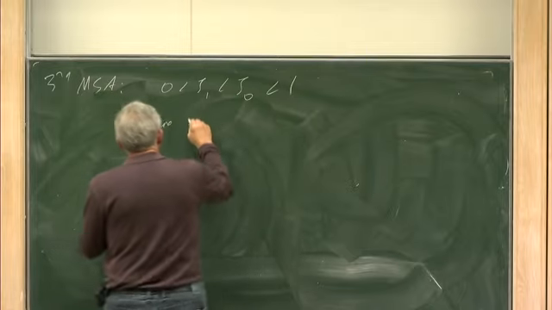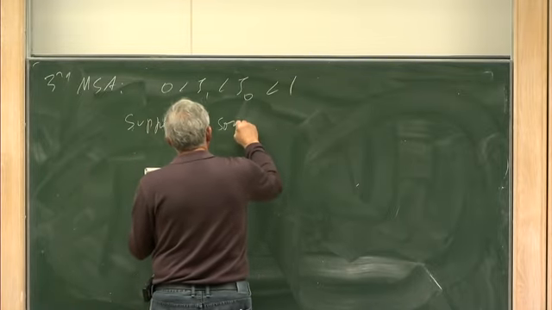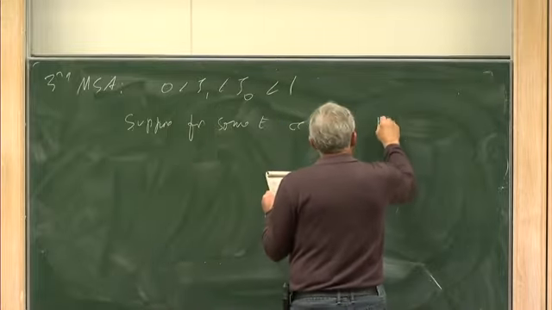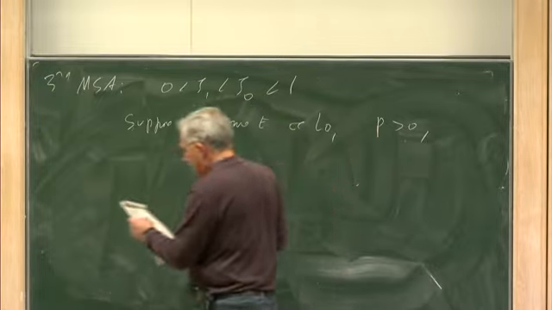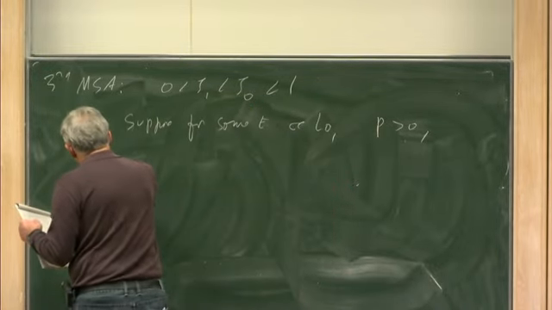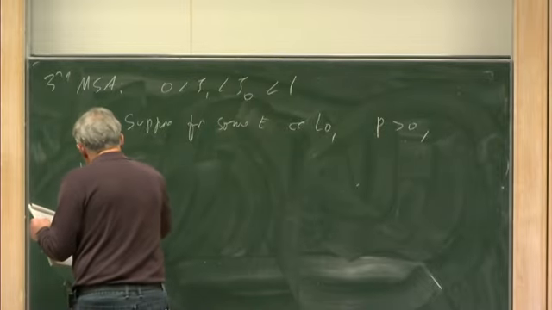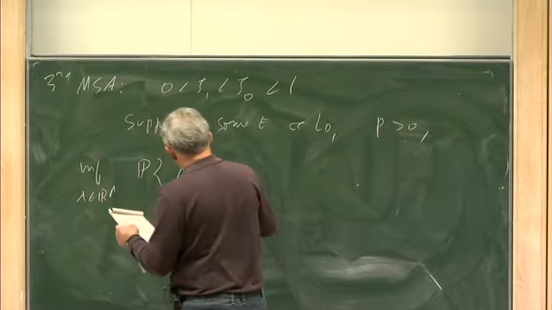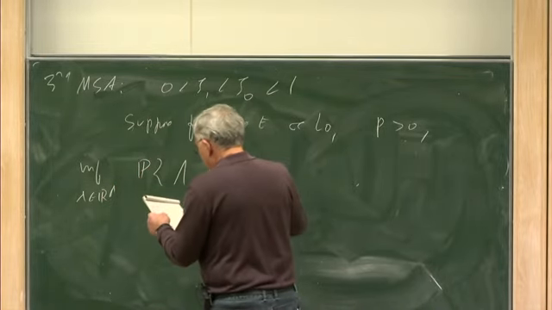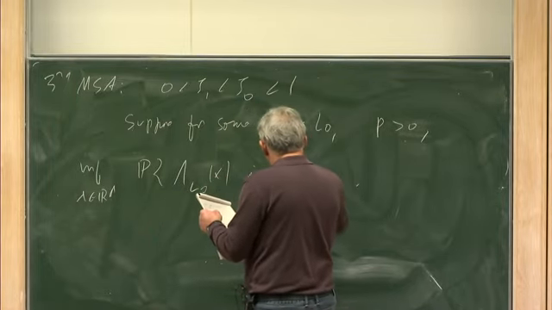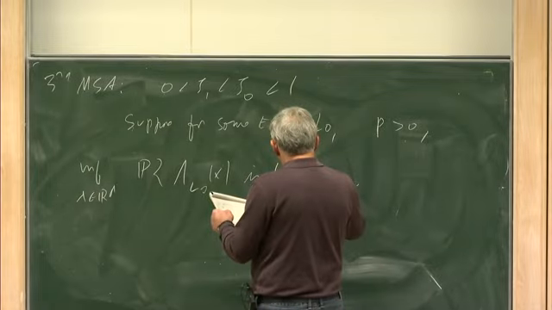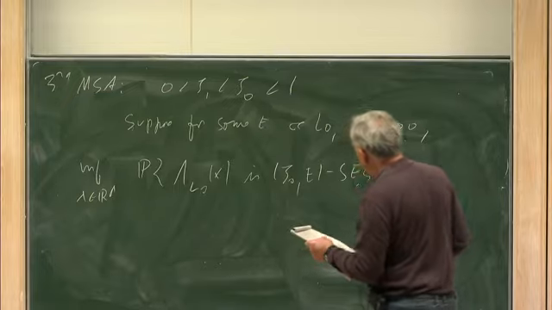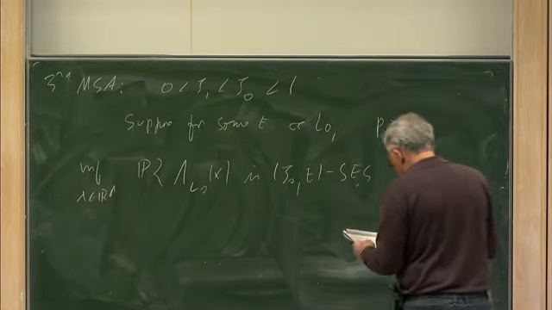And suppose for some energy E and L0, and also some P0, we know that this box is sub-exponentially suitable.